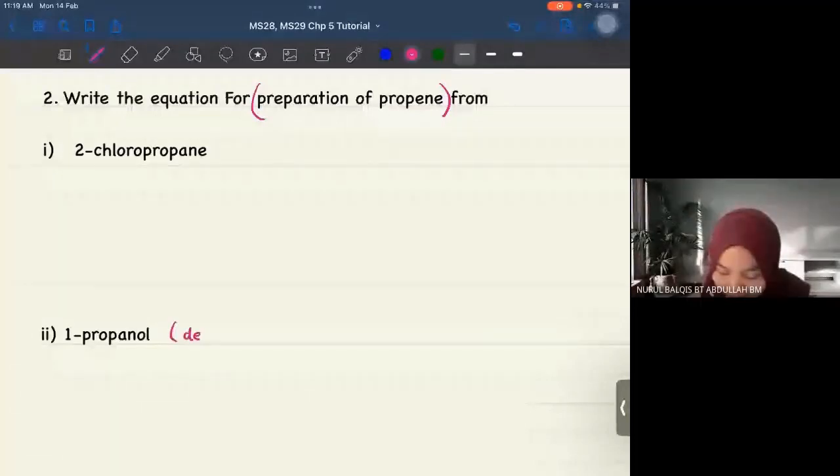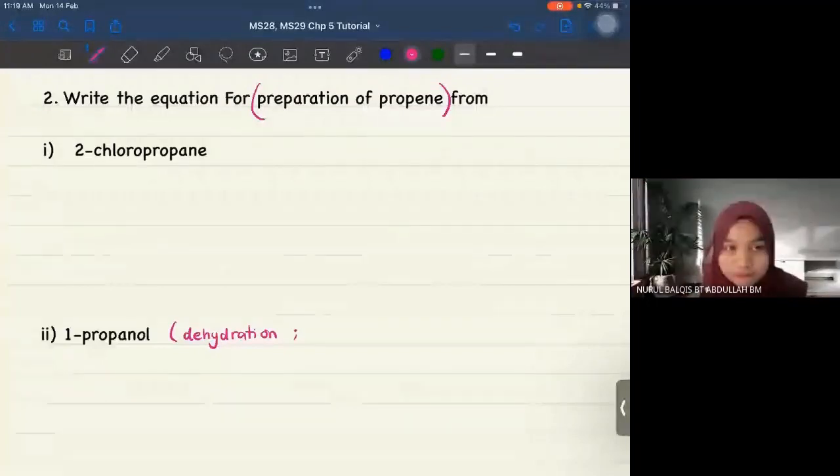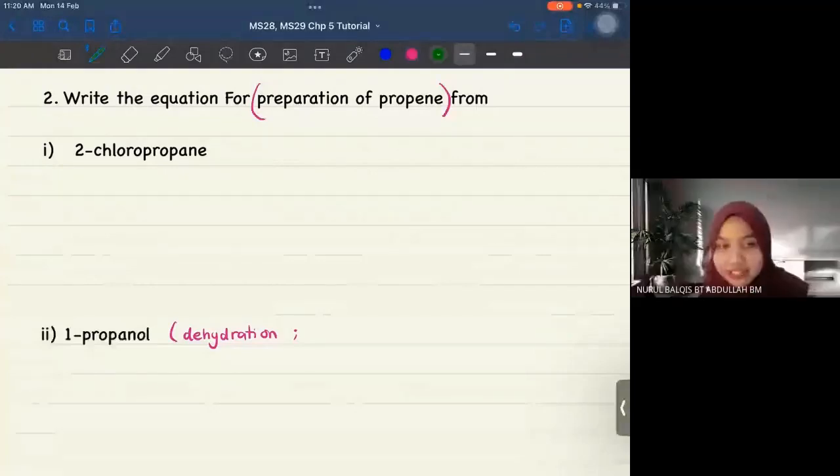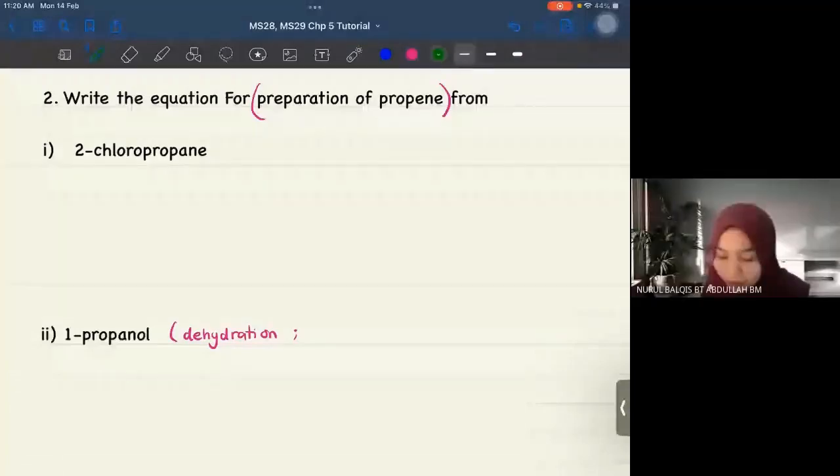So can I know the reagent to be used in dehydrations reaction? Kita guna reagent apa? From dehydrations, we know we want to remove, D itu maksudnya eliminate, we want to remove apa? Water. You want to remove water, means you want to remove H and also OH, right?